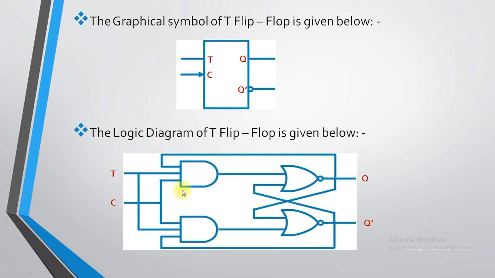For the logical diagram of T flip-flop, you need to copy the JK flip-flop logic diagram, paste it over here, and as an input there is only one variable, which is called T, and that cable you can use as an insertion in the second AND gate. So this is called the T flip-flop.